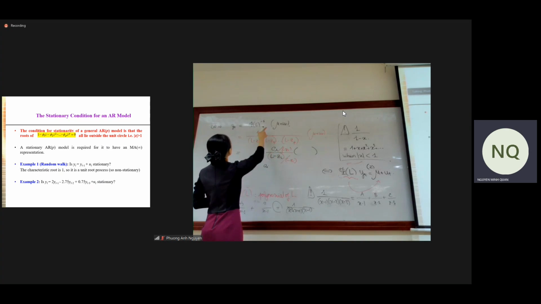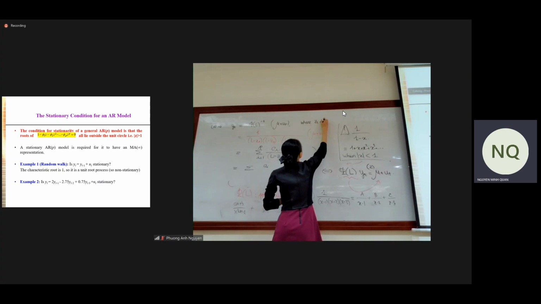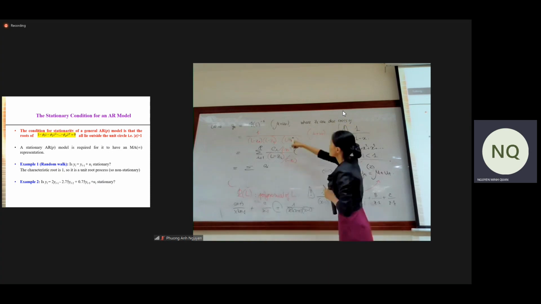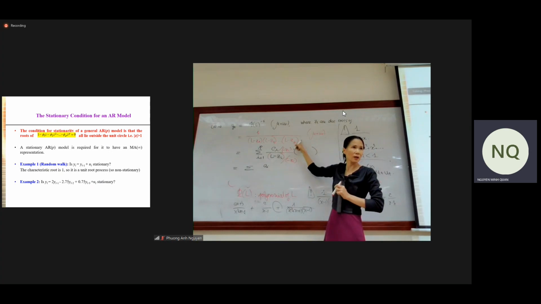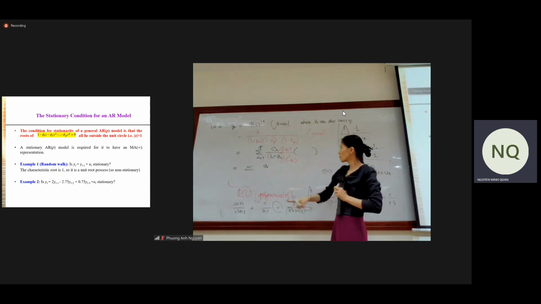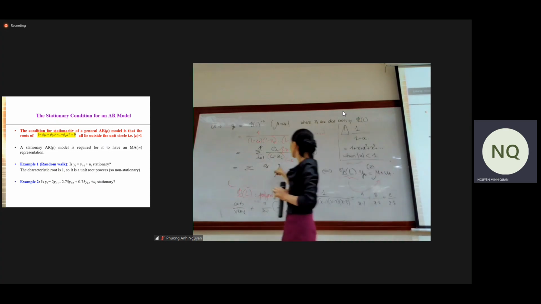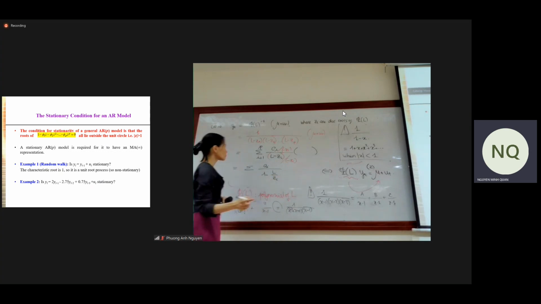The Zi are the characteristic roots. When you can decompose or factorize like this, we say that Zi are the characteristic roots of the polynomial phi L. So I call this numerator Ai, and the denominator I get 1 minus L divided by Zi.